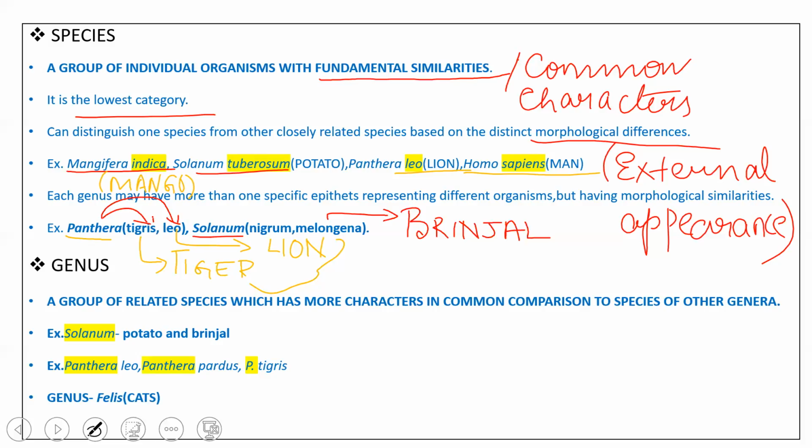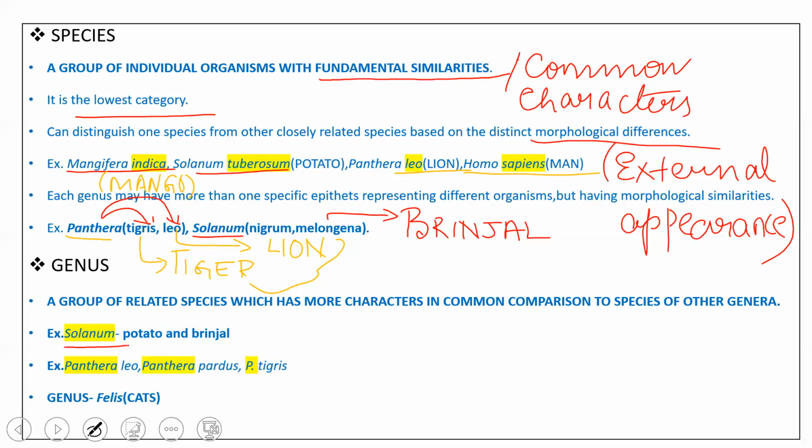Next, let's move ahead with the genus. How do we define a genus? Genus comprises a group of related species which has more characters in common compared to species of other genera. So we can say that genus is nothing but a group of closely related species. Let us look into some examples. Say, for example, Solanum.